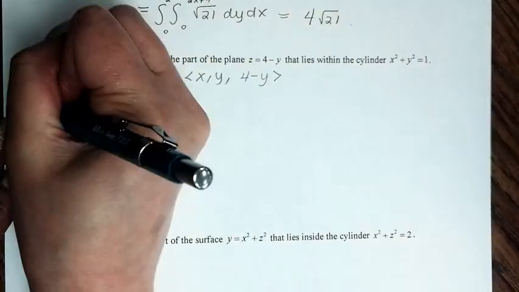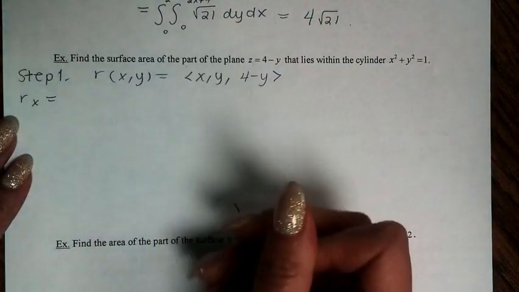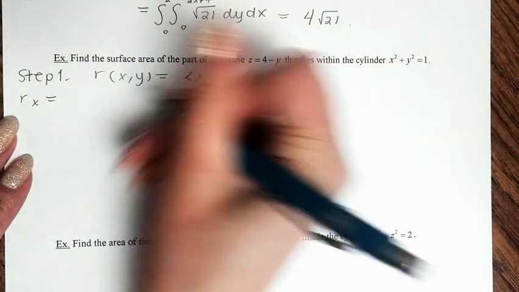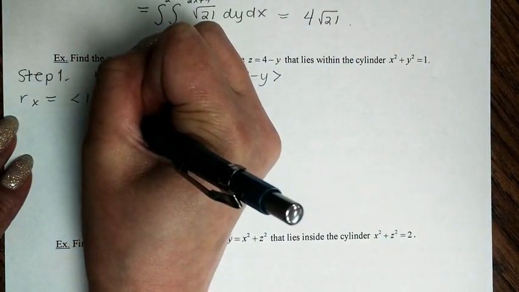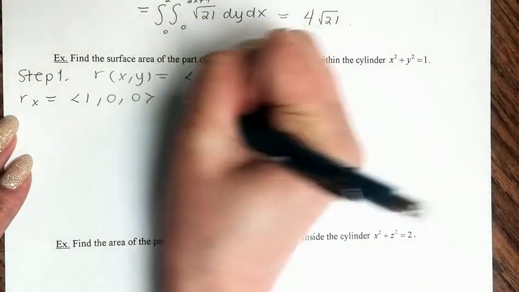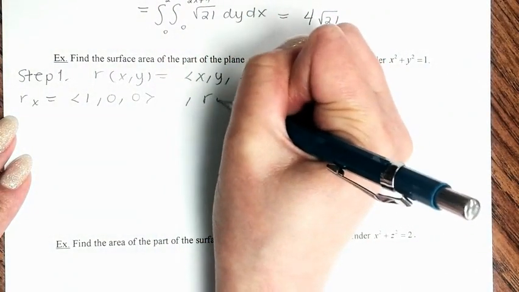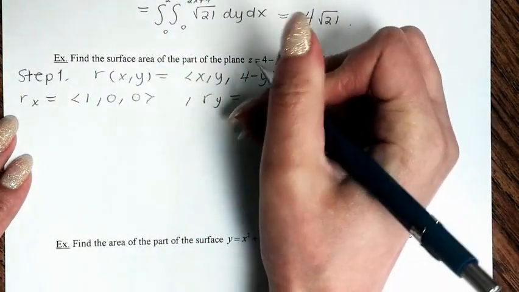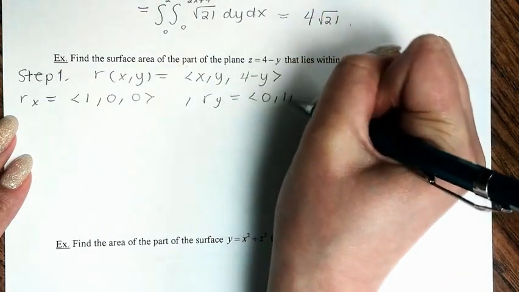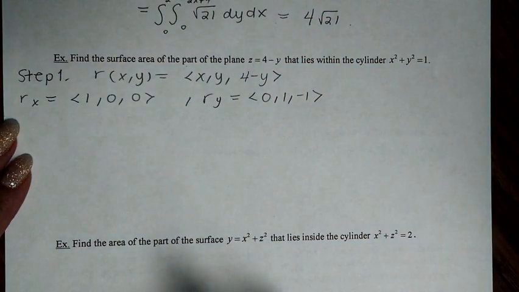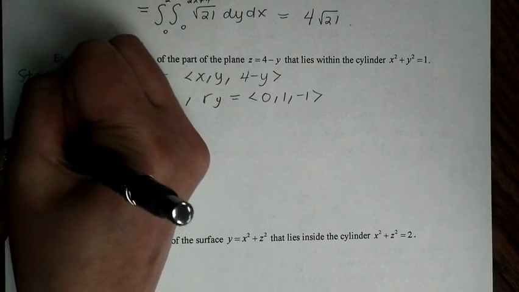Similarly to the problem before, you take the partial derivative with respect to x. So what do you have here? You have 1 0 0, which is super nice, and then you have the partial with respect to y of this one. What do you have here? That it's 0 1 negative 1. Beautiful. Similarly to the previous example, you do the cross product.